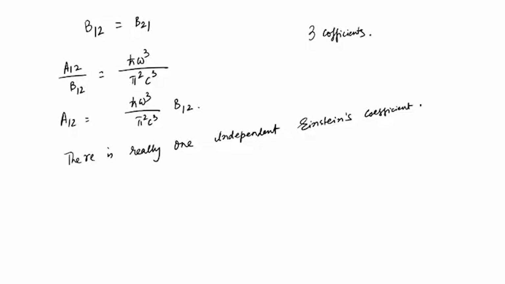Then, using a semi-classical picture, we have calculated the Einstein's coefficients by comparing with the energy density of the black body radiation. And this sort of concludes; of course, we have not done any example problems, which will be dealt with in the assignments or the tutorials.